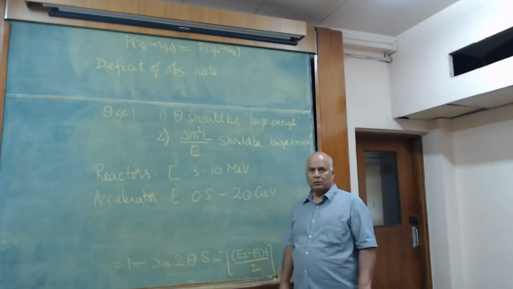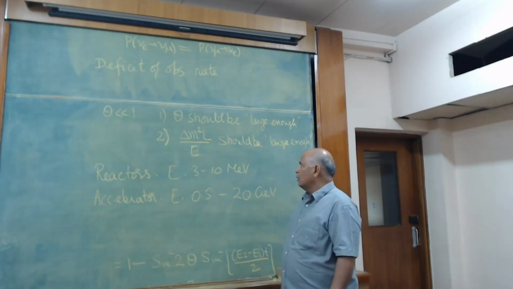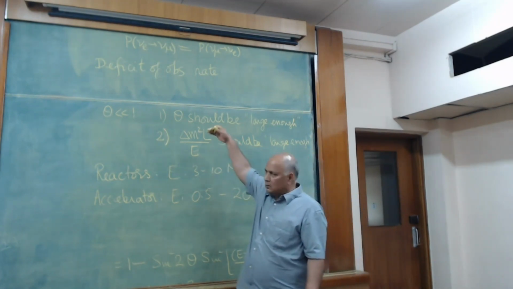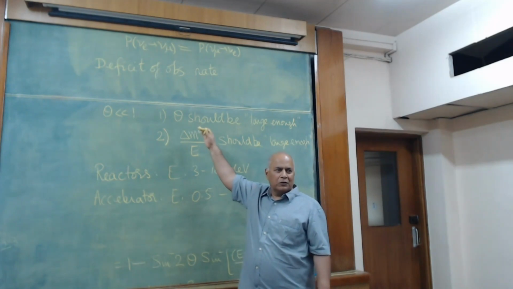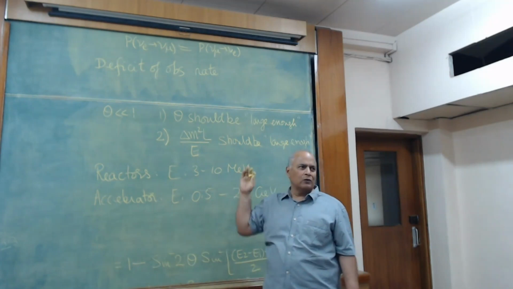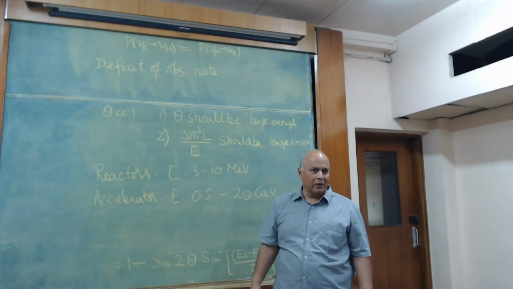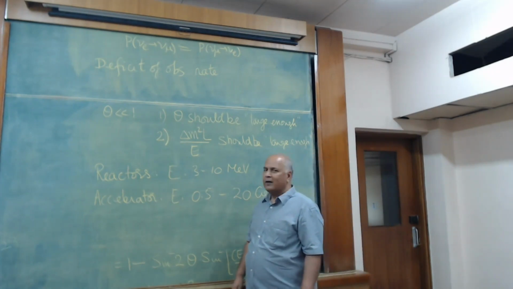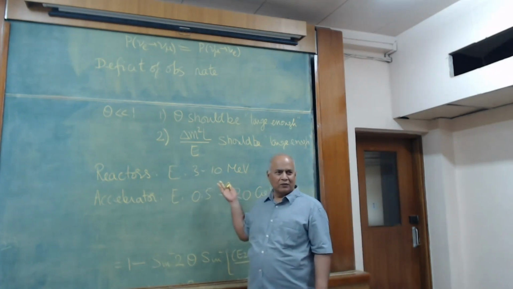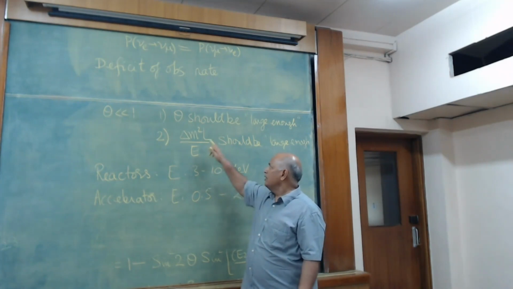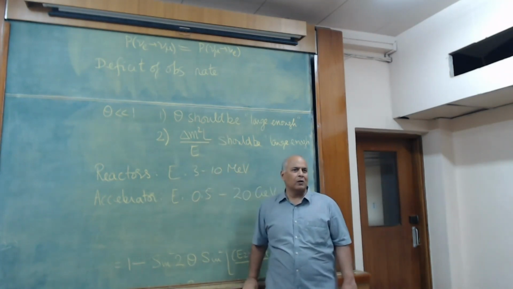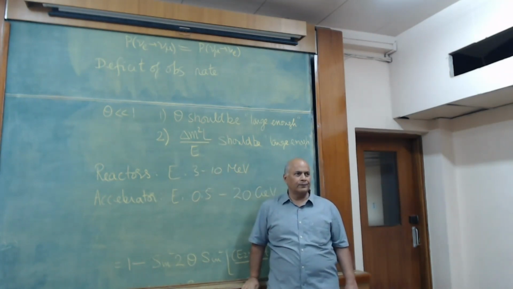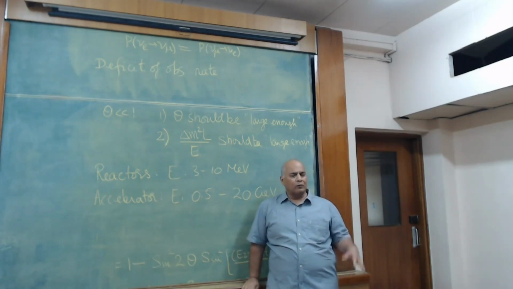So, as I said, the solar and atmospheric neutrino experiments have given a hint as to what the values of delta m square are to be. And in the case of reactor experiments, the range of E is fixed, which means that the only thing under your control is L. And of course, there are all the additional constraints.